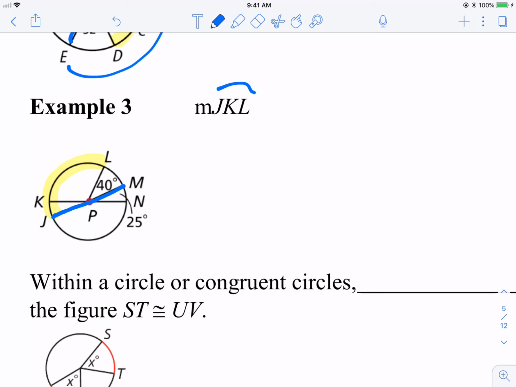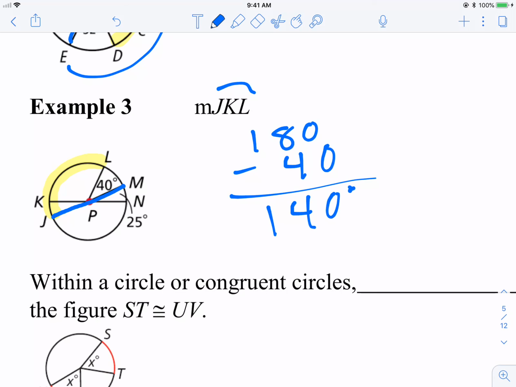On the left side, we have 180 degrees there. We have a 40 degree angle for arc JM. So the remaining part, JKL, is what we're trying to find. So 180 degrees minus the 40 degrees leaves us with 140 degrees for the measure of arc JKL.